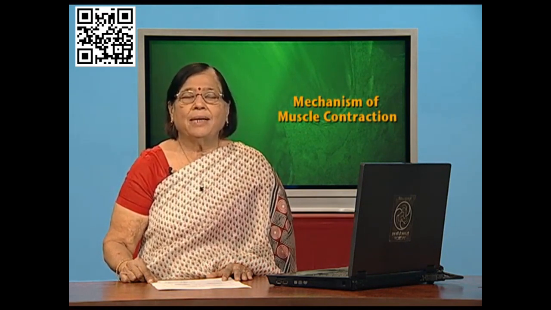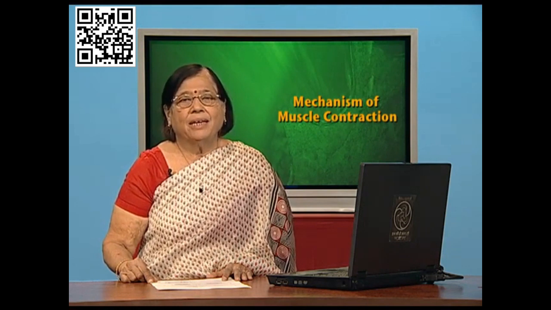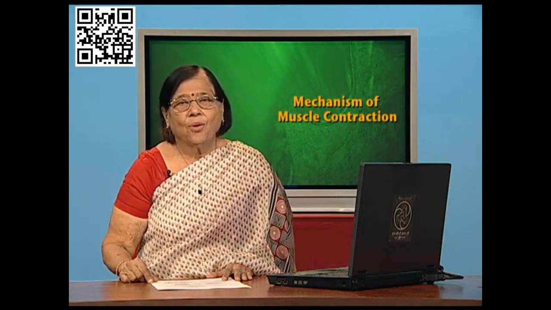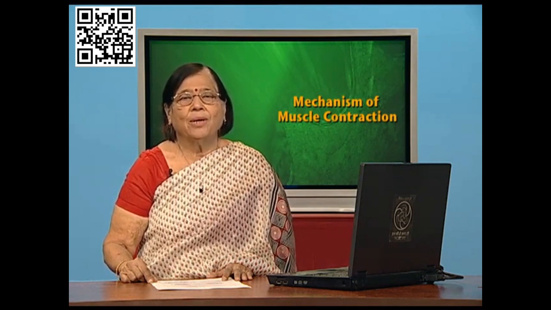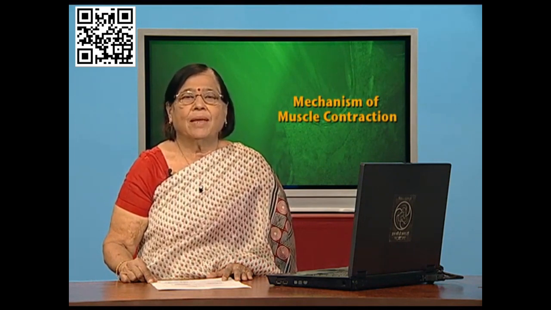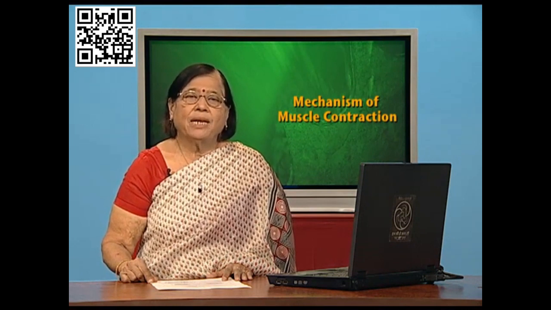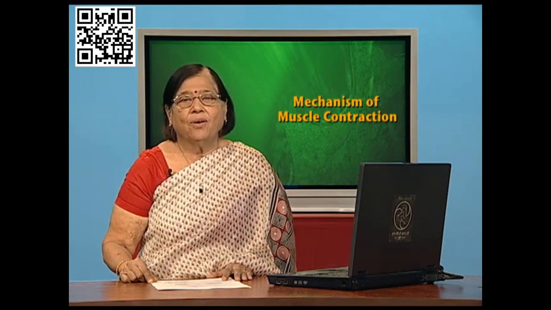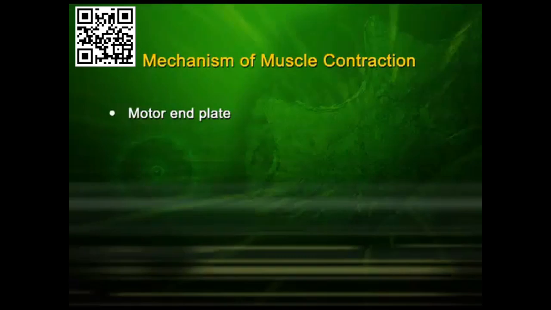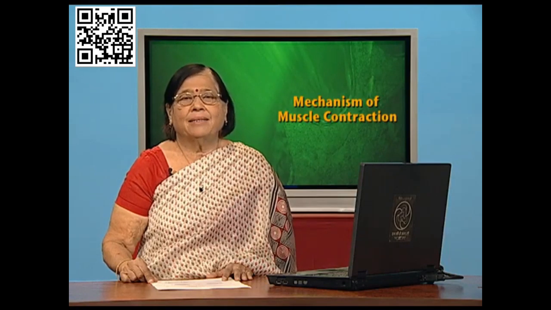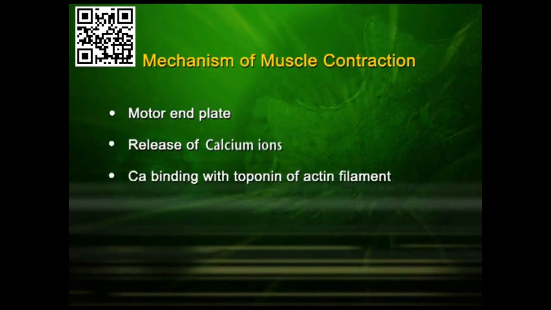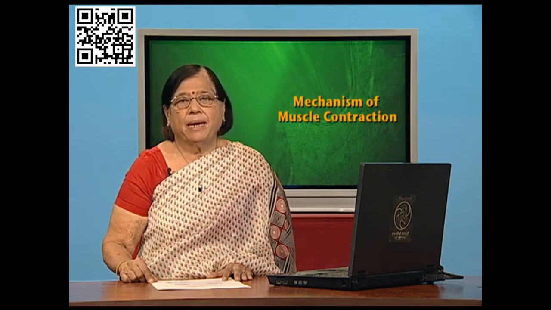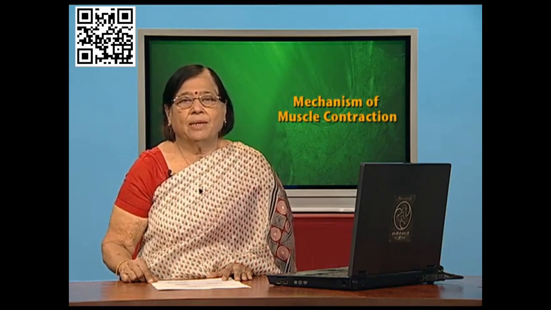Now, this acetylcholine will generate an action potential. You also know what action potential is. We have discussed this also in previous sessions. Once the action potential is generated, it will cause production of calcium ions within the muscle. These calcium ions will bind with the actin filament, will make the point where it is binding, and it will do one more work.